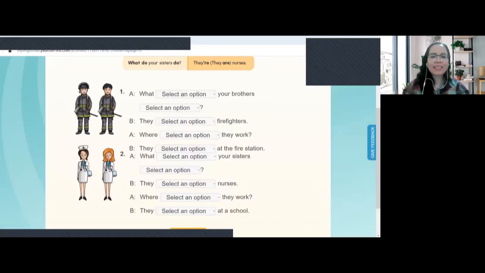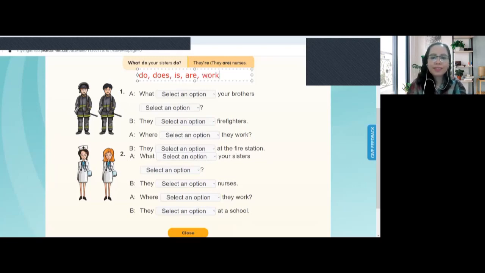On activity 12, page 17, you have to complete and write the dialogues using do or does, is or are, work, yeah, or works.